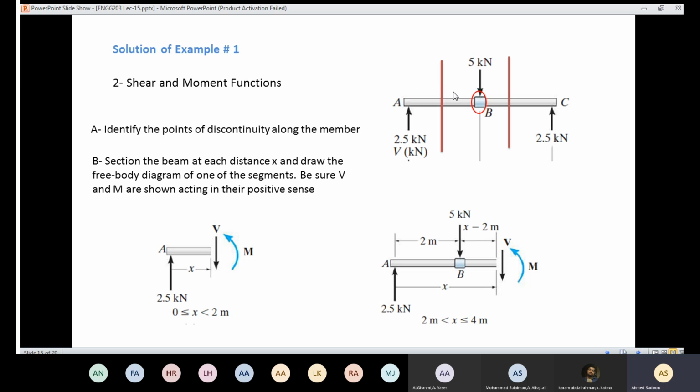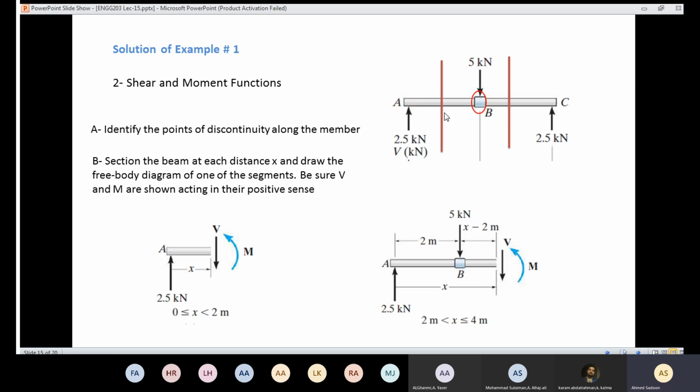That is why for that region, I'm going to have only one section. It's going to be here or here. It doesn't really matter. You are going to get the same segment. Then for that area here, also if you cut here or you cut here, you are going to end up with the same segment. We have x.